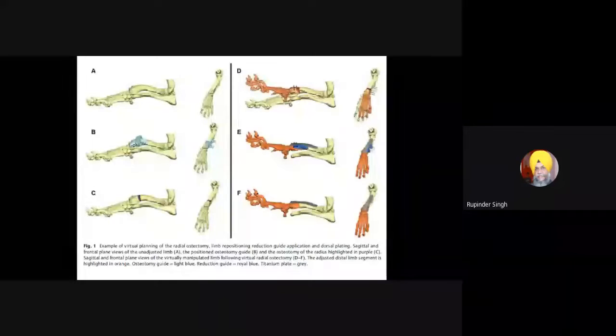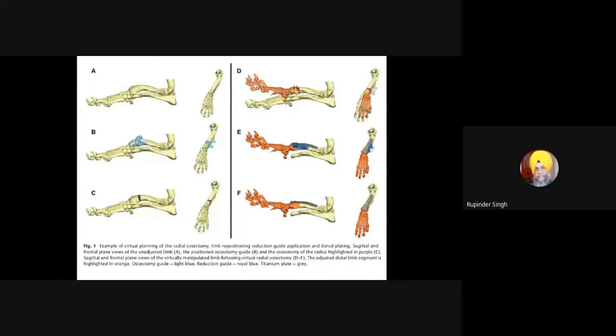Sometimes the bone is also very twisted. For such cases, osteotomy, meaning cutting of the bone, is a simple cut of the piece.